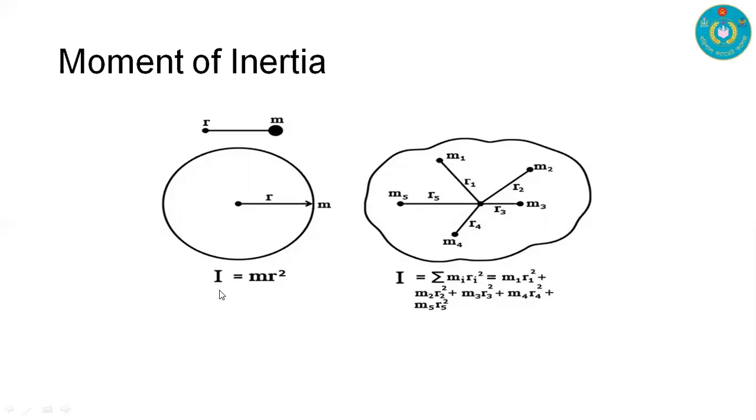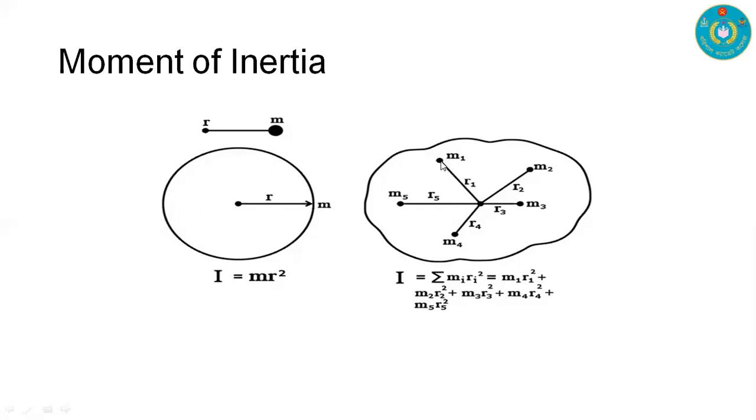For moment of inertia, we can write the equation I is equal to mi ri square, and if we describe this with the help of this diagram, look at this diagram. Here we have different masses M1, M2, M3, M4, and we have distances R1, R2, R3, and R4.